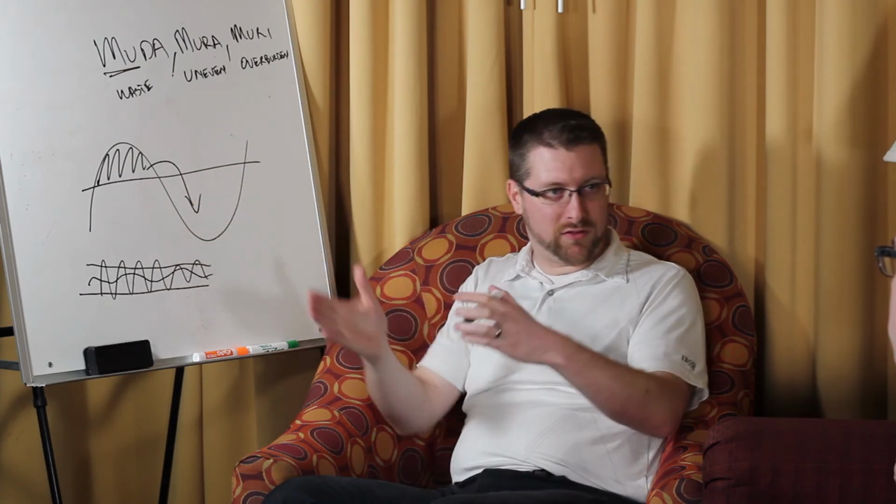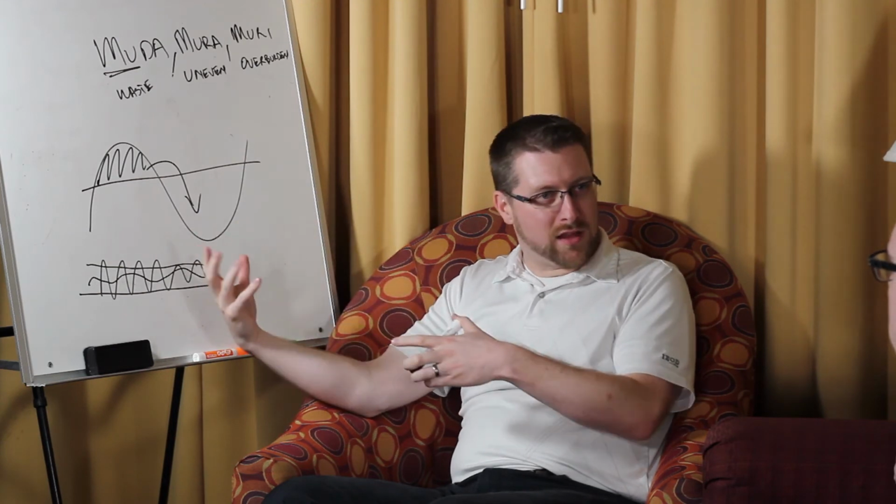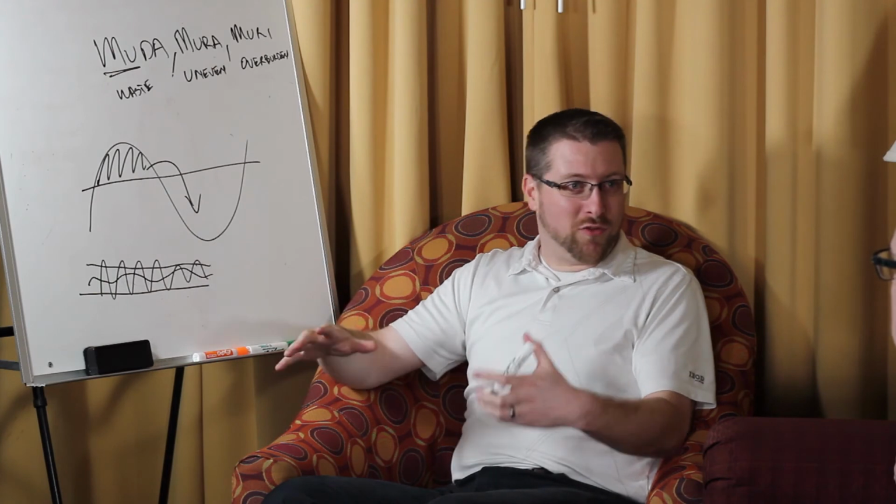But when we're looking at the signal, we want to refine the signal. We want to level that signal out so that it's not nearly as bumpy for us. And again, the type of problem that you're dealing with, if you really understand that, then you'll be able to turn around and apply a very appropriate solution to it. If you try to attack everything as if it is waste and eliminate it, that's wrong.